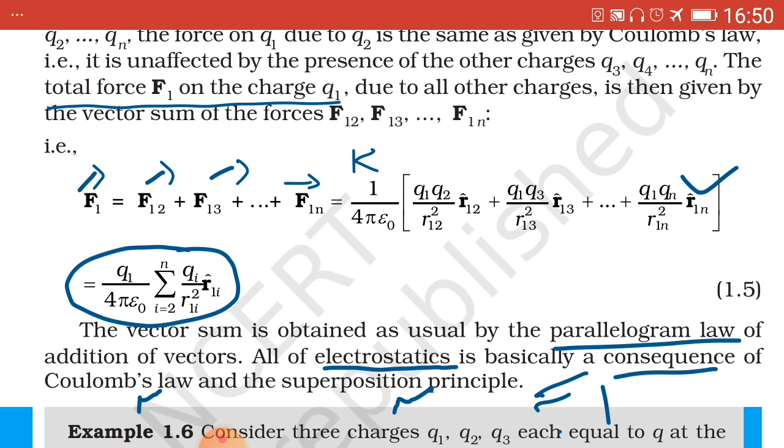plus q1 qn upon r1n square into r1n hat.